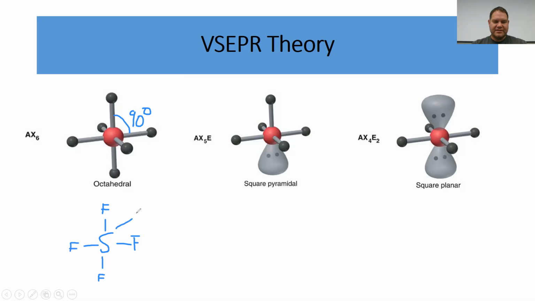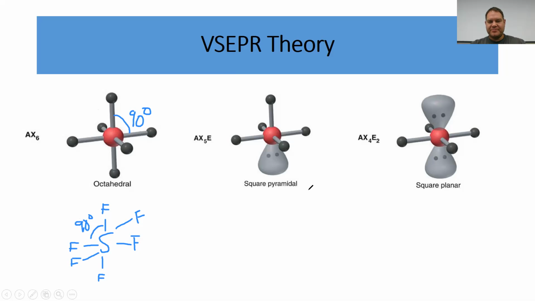Okay, and then a fluorine off this way, and a fluorine off this way, essentially. Really, these 2 fluorines are kind of sticking, as you can see, one sticking out towards you, one sticking in the back, and so these are all going to be 90 degree angles there. Okay, so there's an octahedral.